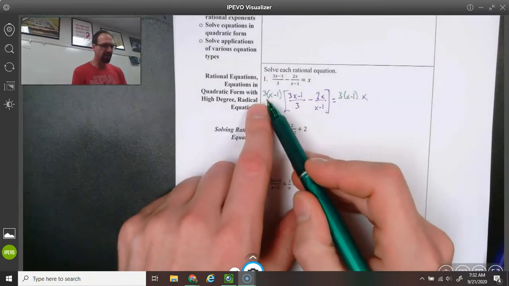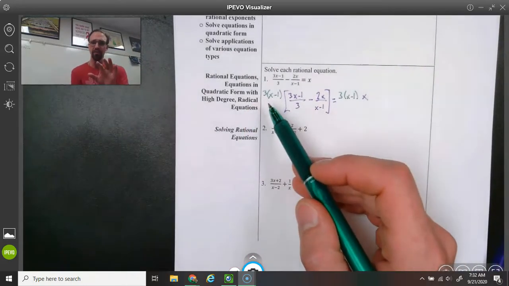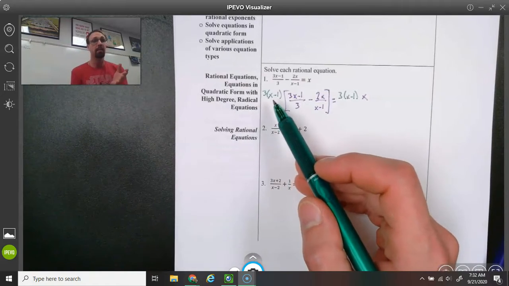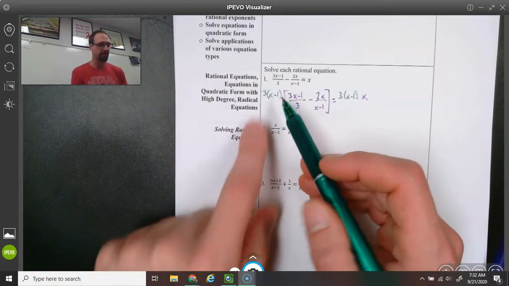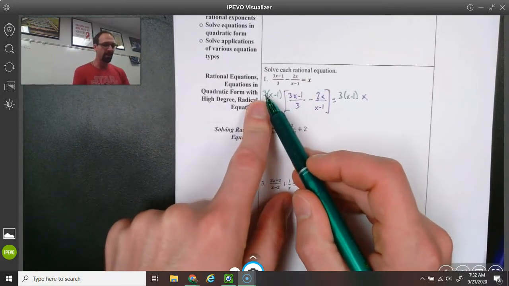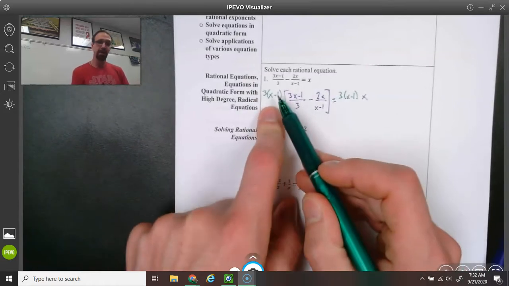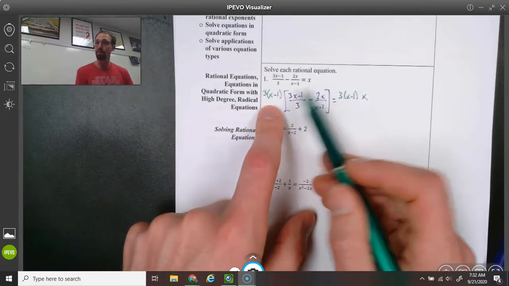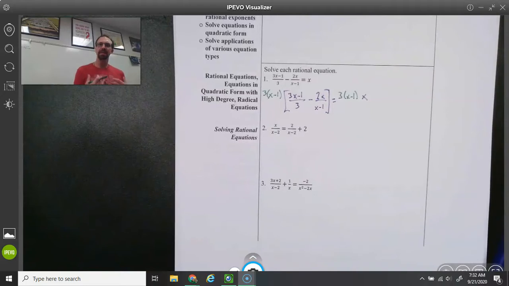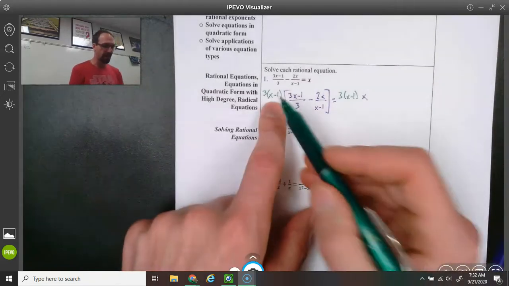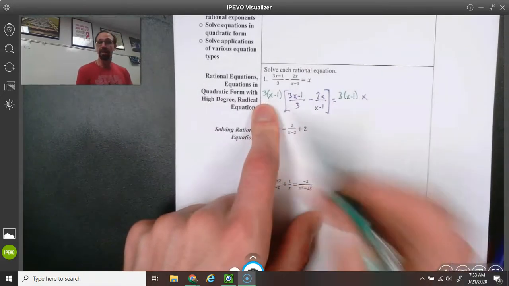Let's focus on these terms separately. Remember, when multiplying it doesn't matter what order you do. I could multiply the 3 through everything first, and then the x minus 1. Or I can multiply the x minus 1 through for both terms, and then the 3. Let's do the 3 first.